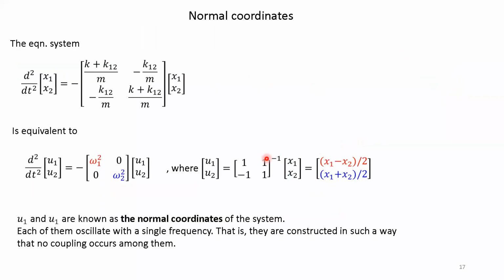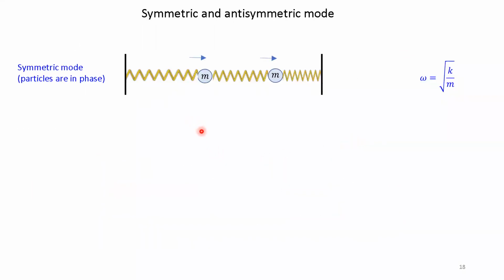Let me go back to this slide. So the symmetric mode, let me talk about this one first, the one that moves together. One interesting thing is that in this mode, the omega is still just the square root of k divided by m.